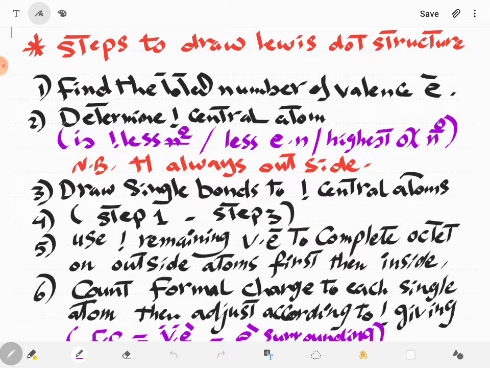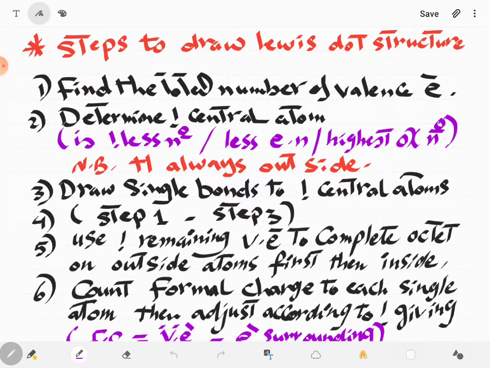The center atom is the one with the least number of atoms, or the least electronegativity, or the highest oxidation number inside the compound. But remember, don't tell me hydrogen is the central atom. Hydrogen is always outside, because it has just one electron.